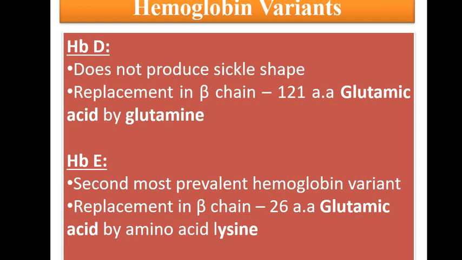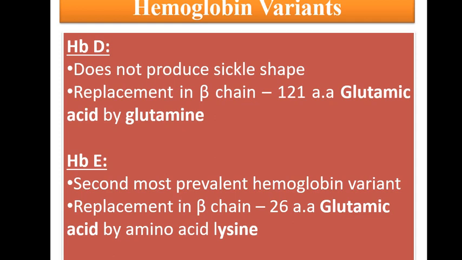Then HbE. HbE is another hemoglobin variant, the second most prevalent hemoglobin variant. In HbE, what happens? In the beta chain, the 26th amino acid is glutamic acid, and this glutamic acid is replaced by lysine, resulting in the formation of HbE.